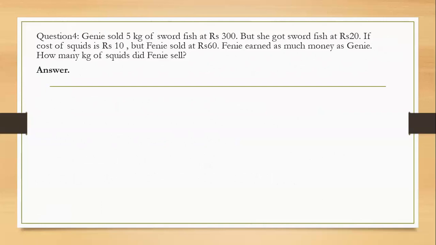How many kg of squid did Fanny sell? So first, we'll note down all the data given in the question. Price of 1 kg of swordfish is rupees 20. It is written, she got swordfish at rupees 20. So this is the price of the swordfish.